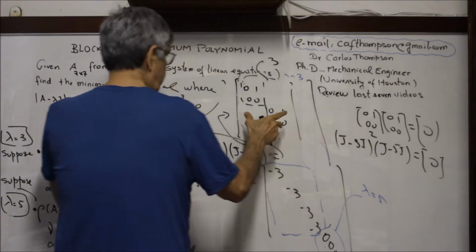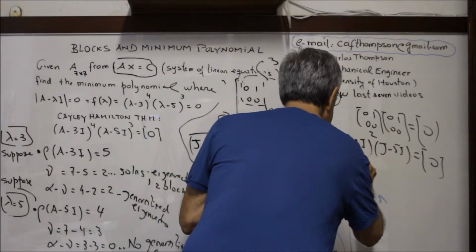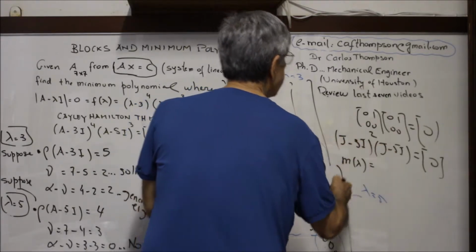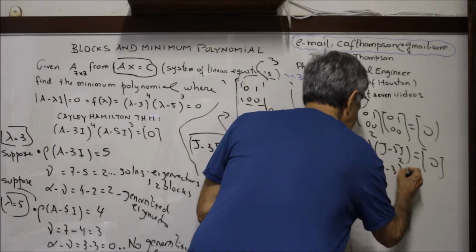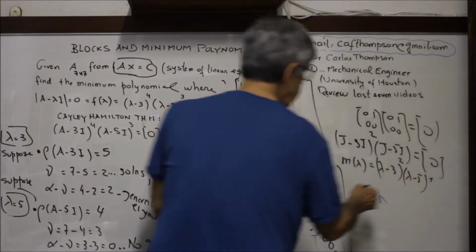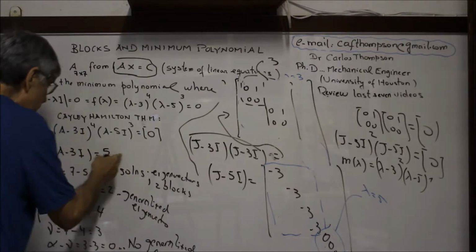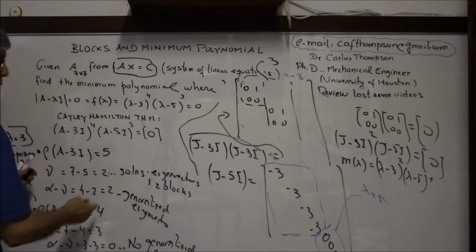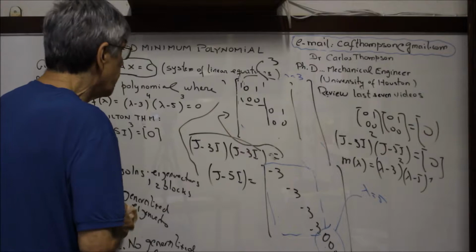In this case my minimum polynomial will be m of lambda equal to, it's the same thing as (A minus 3I), it will be (lambda minus 3) to the power 2 times (lambda minus 5) to the power 1. So that's the minimum polynomial. Attention, the same rule, the same ni and the same alpha minus ni, I get another minimum polynomial.